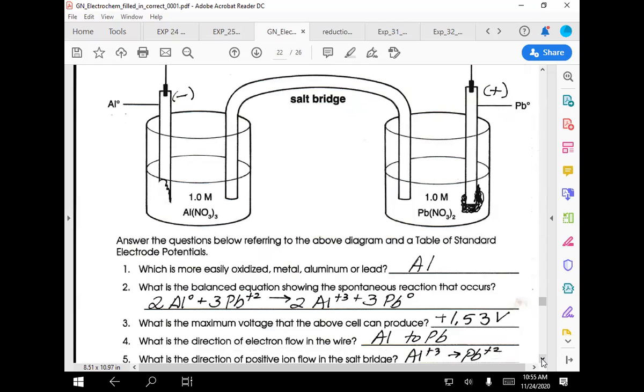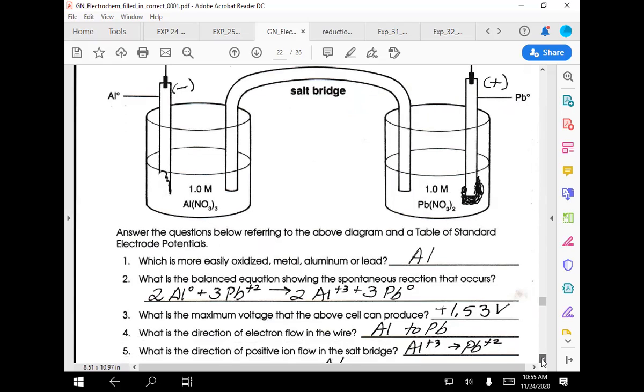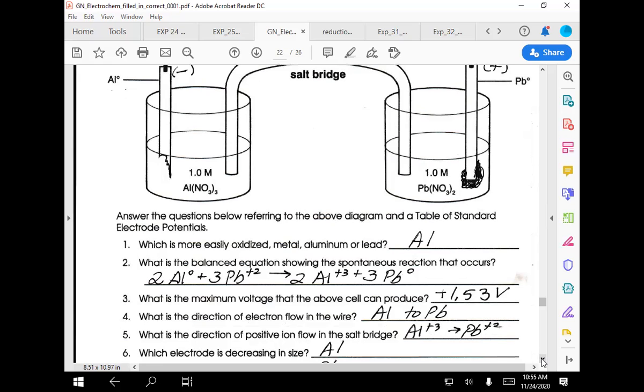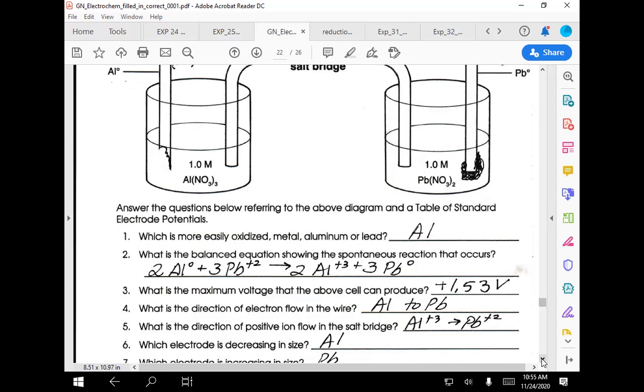And then again, you'd want to look at the half reactions, and that's how you could figure out the electron flow. And again, looking at the half reactions, that's how you get the direction of the positive ion flow.